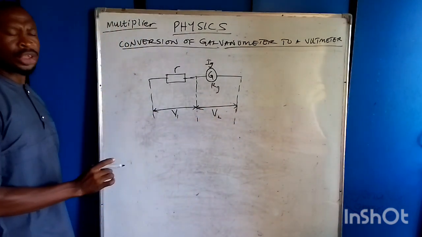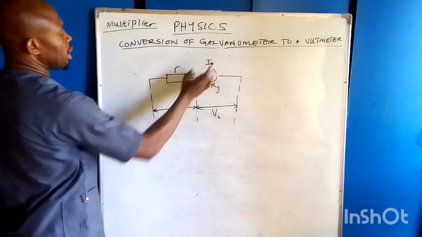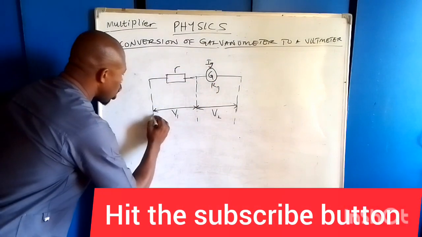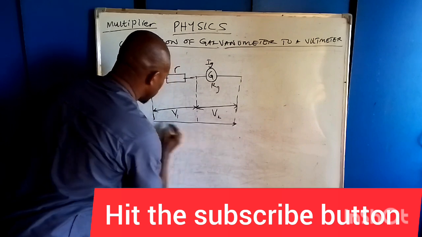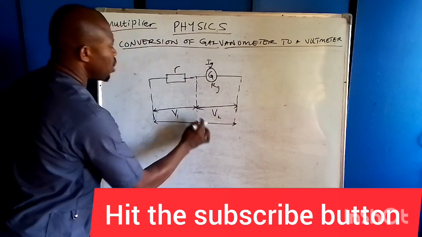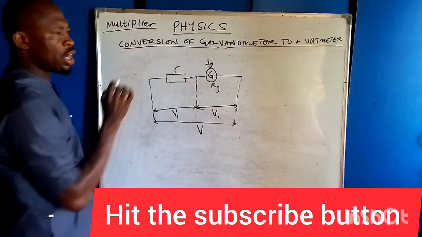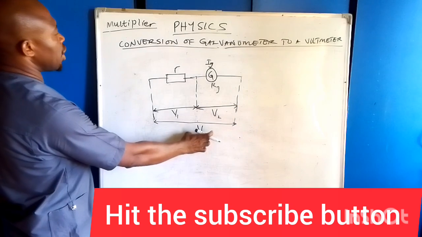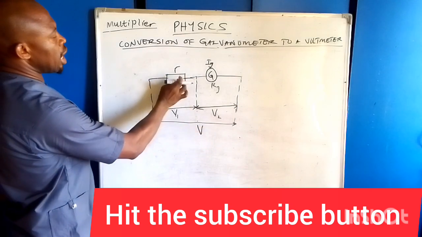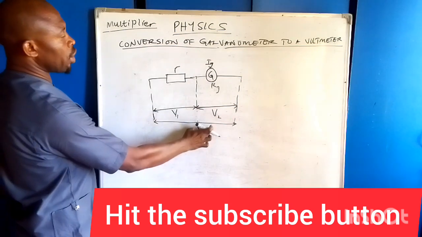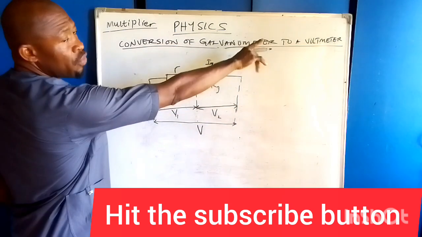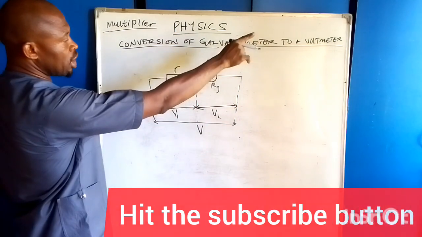V2 is the PD across the galvanometer. Now, in all this, the total PD across the entire arrangement is V. V here is the converted voltmeter.